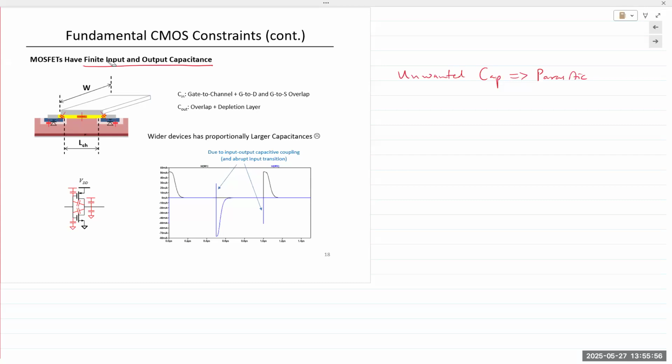If you recall the PN junction in reverse bias, the depletion region stores charge. Charges, positive and negative charges, are separated by a depletion region or depletion layer. So there is capacitance in that depletion region. So similarly, for the output capacitance of the MOSFET, there's an overlap between the gate and the drain and source, and that's the overlap capacitance.